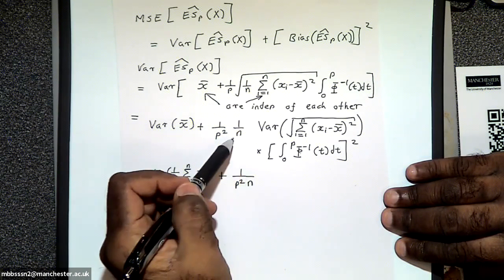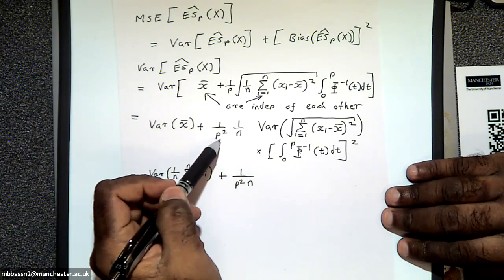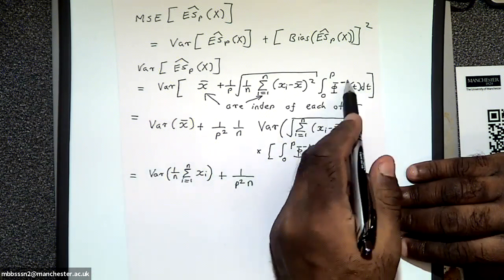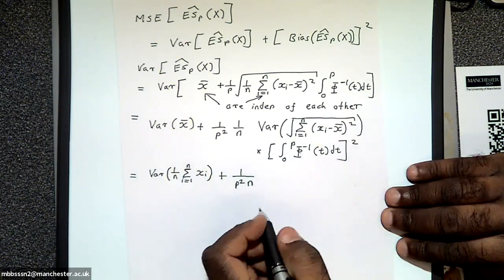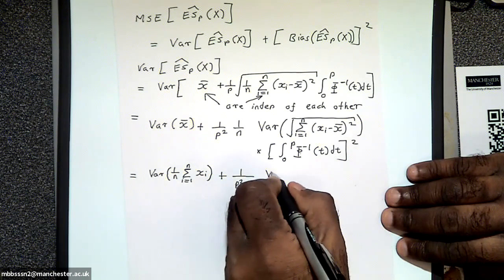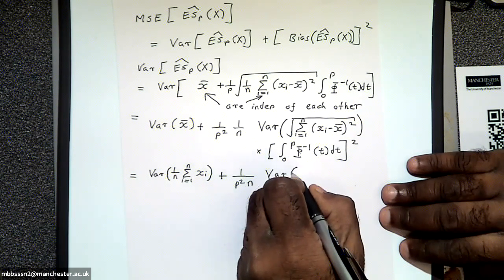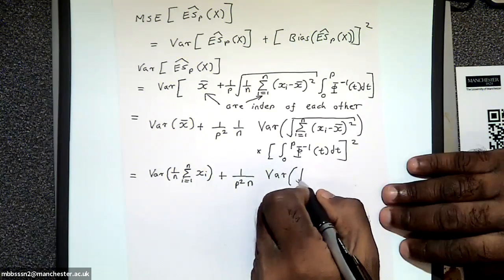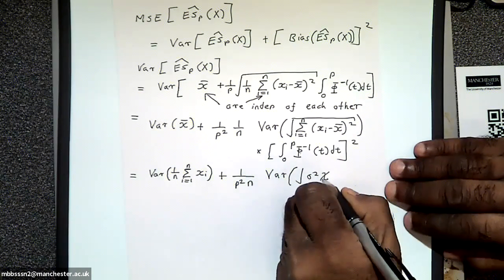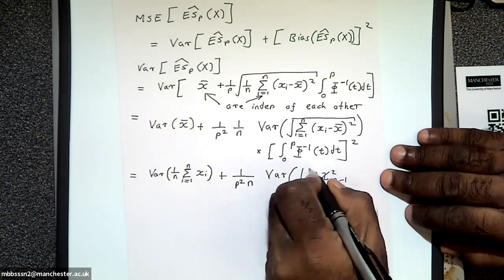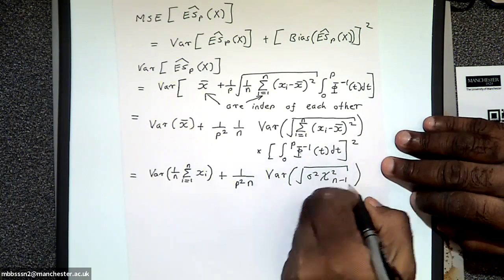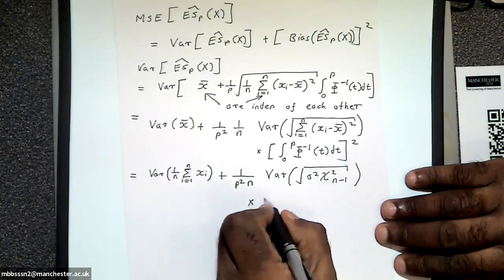So the root of n becomes n, p becomes p squared, right? And also this is a constant, so this becomes squared, right? Okay, so you have the variance of the square root of sigma squared chi squared n minus 1, which is again another result that you should know from your undergraduate degrees.